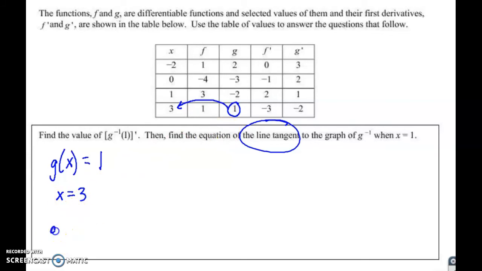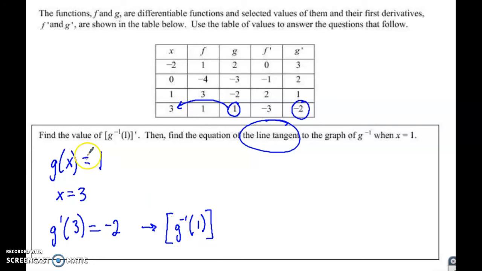So x equals 3. So the next thing is I would find g prime of 3, which tells me it's negative 2. So what does that mean is that the inverse derivative is equal to negative 1/2.